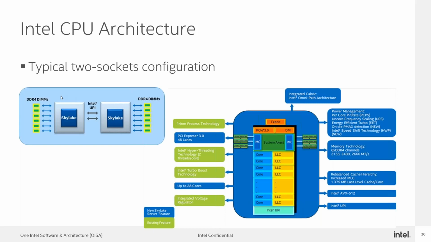So basically, for the Intel Xeon architecture, on one motherboard, we have two CPU chips, and each CPU chip is attached to its own memory slots, and the CPU communicates with its counterpart via Intel UPI.